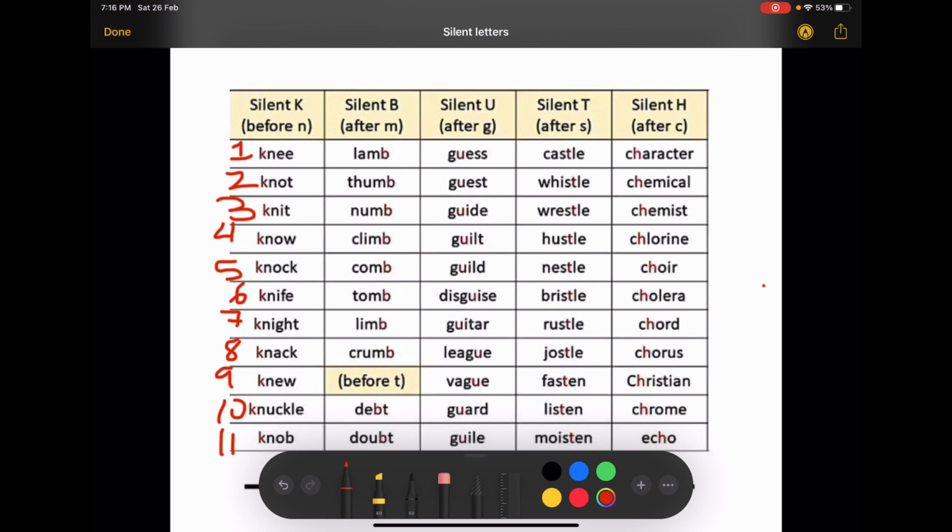The third word we have is chemist. We don't say chemist with a hard H, we say chemist. The H is silent.